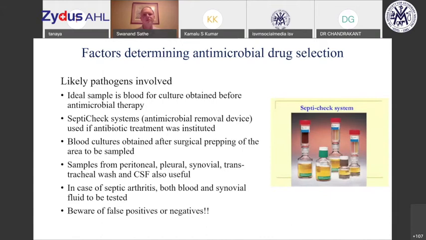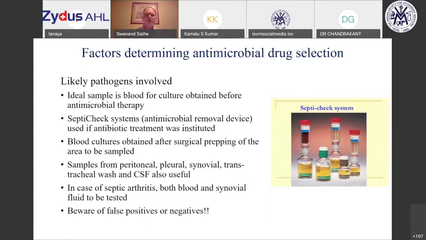So in most cases, you will have a foal that comes to the hospital pre-treated with antibiotics. In those cases, you can use a system called the Sathe check system. Essentially, this system removes the antimicrobial from the blood, and then you can proceed with your blood culture and get more appropriate results.